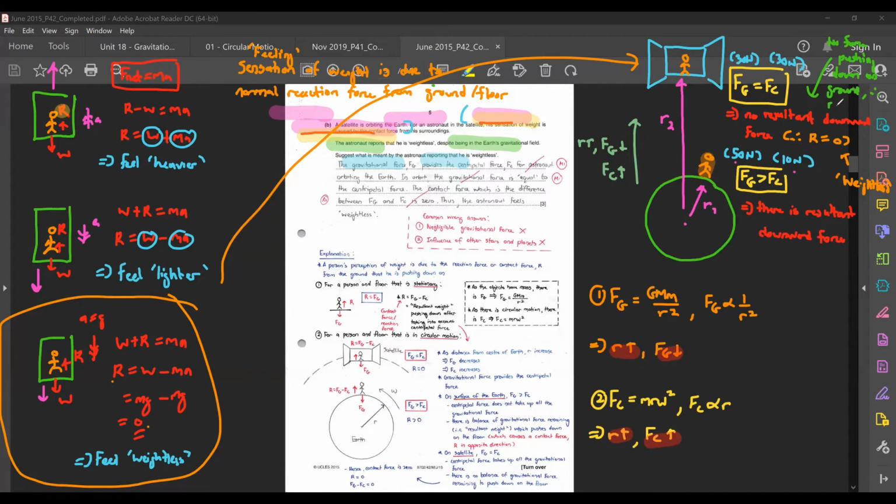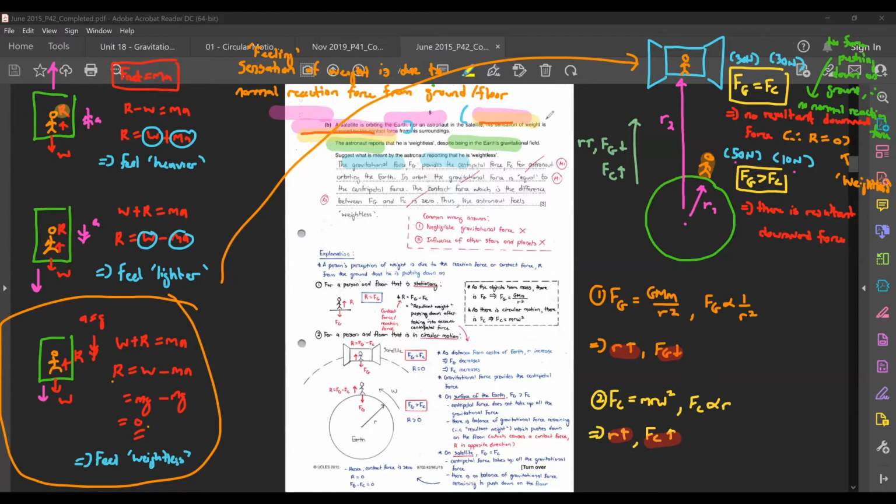Therefore, no normal reaction force. That's the reason why the astronaut will feel weightless.